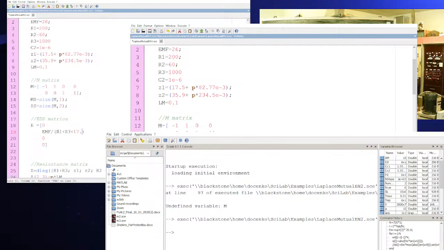It is 17.5 ohm. Ohm's law, DC regime before. Oh no, one second. Why am I adding R3? I don't need it. I need the current flowing only through the first resistance and the self-resistance of the primary coil.